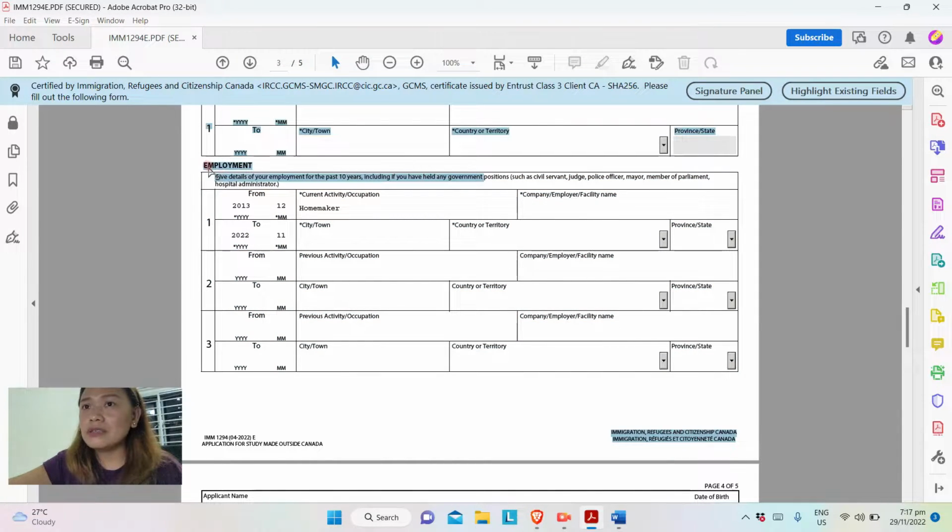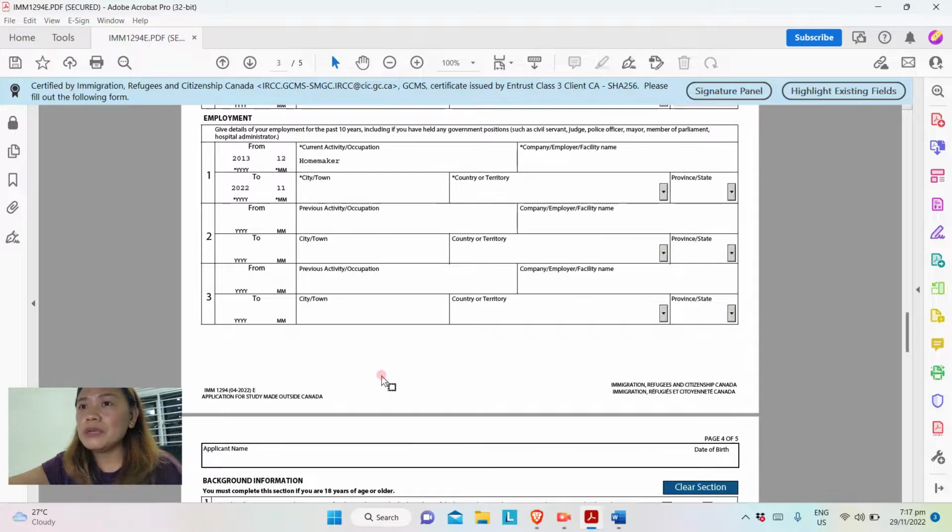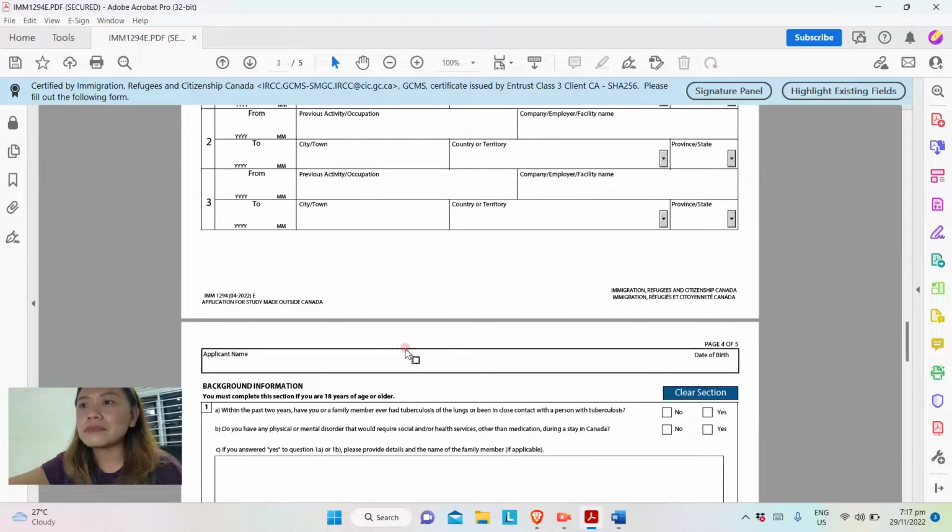Just make a table like this in a Word document, and then you would have to put that in your client info file, which later on I will discuss. So yeah, here on the form you can only put the most recent 3 jobs.